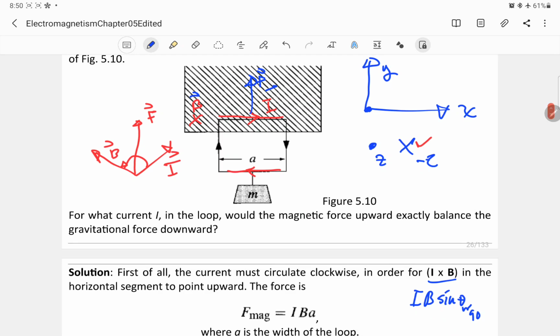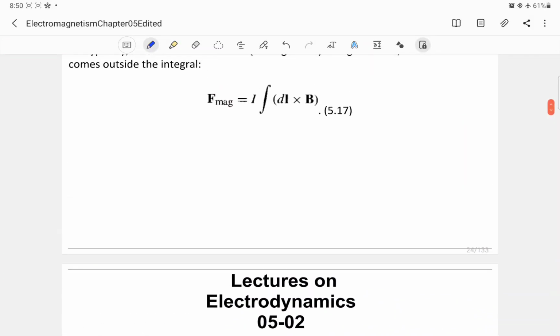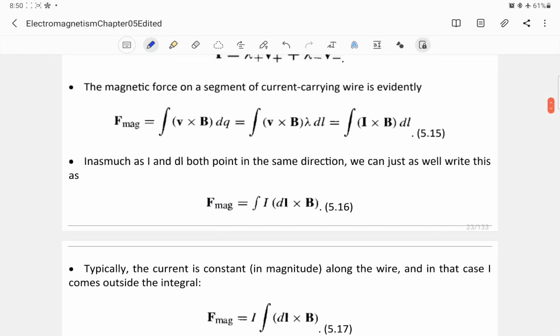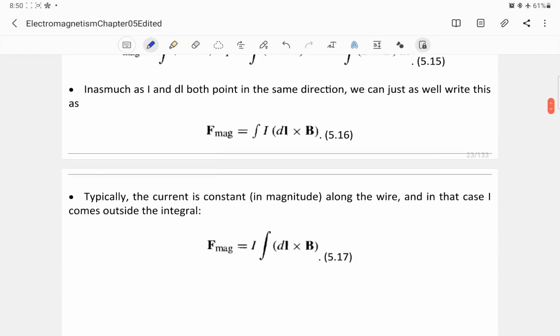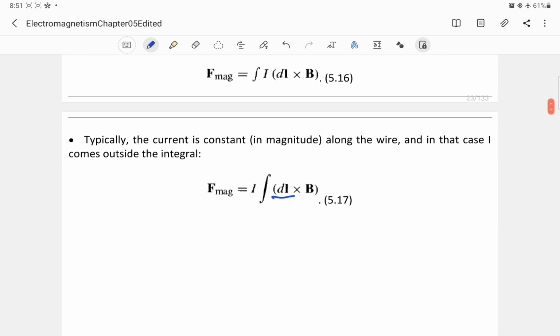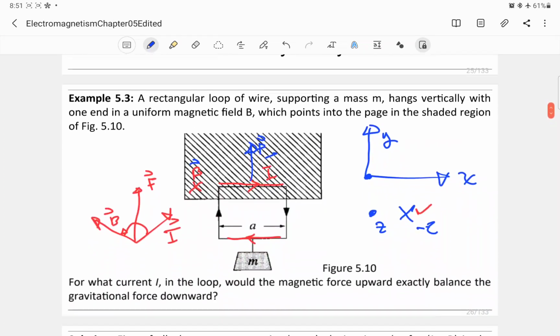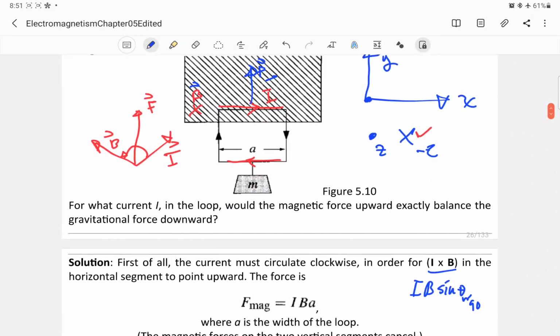Again, let's look at the definition of force. The dL here would just be a straight line, so the integral of that would just be the length of the horizontal part of the loop, which is just A in this case.